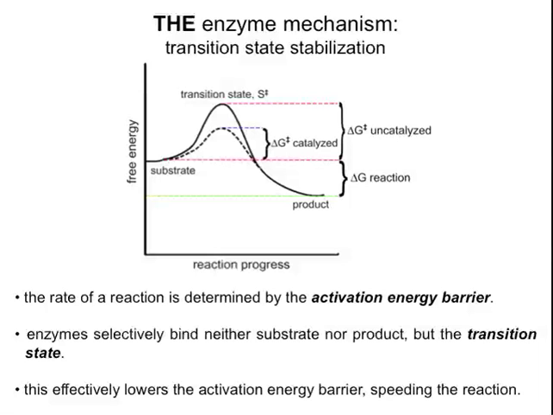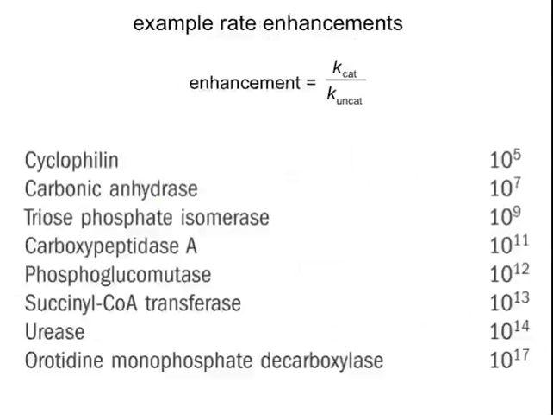You can imagine that a chemical reaction might never occur or occur very, very slowly in the absence of the enzyme, but the presence of the enzyme accelerates that dramatically. This is an example of just those kinds of rate enhancements. And here, how I'm defining enhancement, and you'll have to bear with me for a second until we define these rate constants, is the kcat, or the catalytic rate constant, divided by the rate constant for the uncatalyzed reaction.